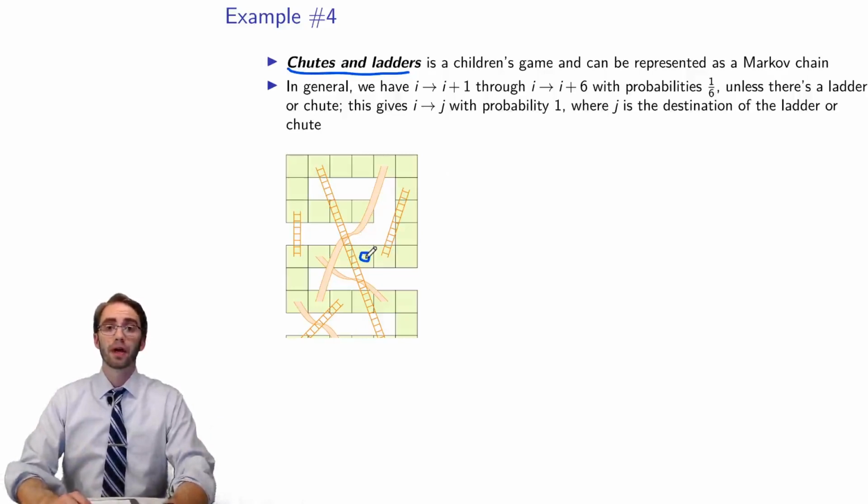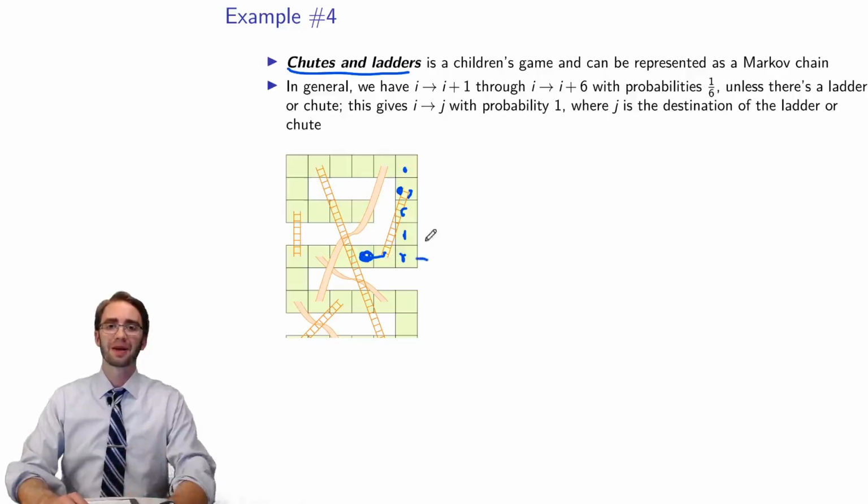And if I roll a 1, what happens? Then I move here and I climb the ladder and I land up here like that. If I roll a 2, then I would land here. 3, I would land here. 4 would be here. A 5 would land me here, and a 6 would land me up here. Right, so you can look at this and say, okay, the probabilities, if I'm presently in this square here, then where could I go?